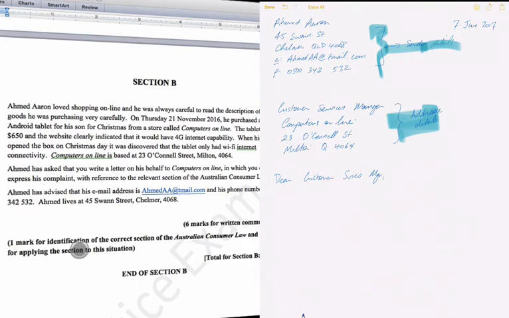Now, the first thing I want is a background paragraph about what the problem is. With that problem, it's good to put some details, particularly the date, what you bought, and the price if it's good, or the same things for services.